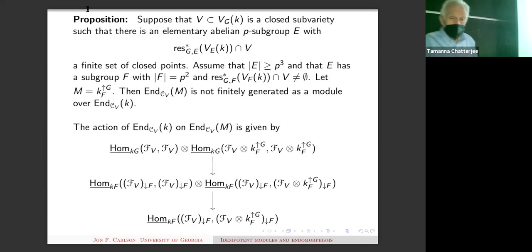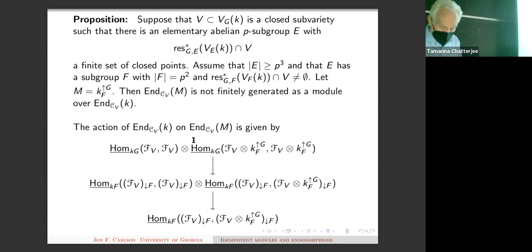And if you look at the action of the endomorphism ring of the trivial module on the endomorphism ring of M, by something called the Eckmann-Shapiro lemma, it goes through a restriction down to F. But this restriction down to F factors through the restriction down to E. And again, you're talking about negative cohomology.